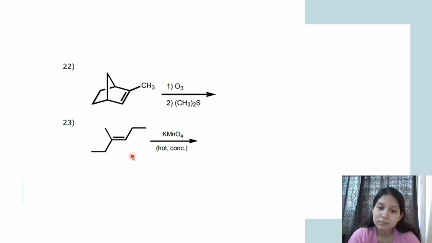and you can treat an alkene with ozone in the presence of dimethyl sulfide or hydrogen peroxide, etc., reagents, to observe cleavage of the carbon-carbon double bond.